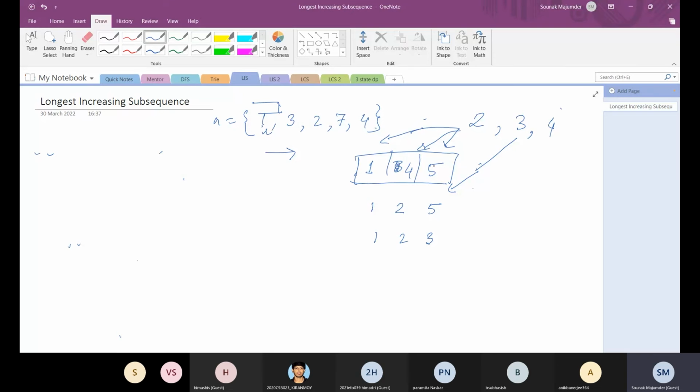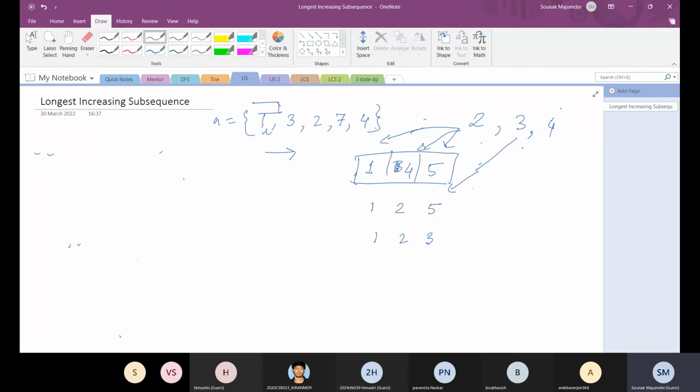So now we have added a 2, we have added a 3. If this sequence had not changed, 1, 4, and 5, then adding or removing this 4 would have made no sense.